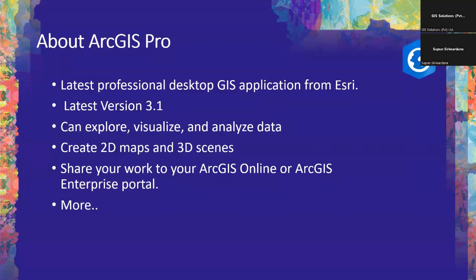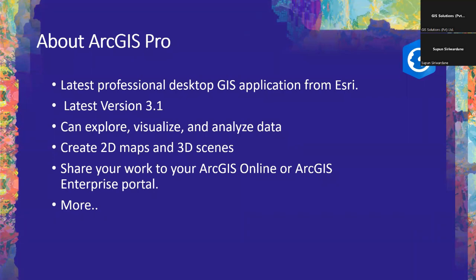So what is this Pro? You may have already experienced it. It is a professional GIS desktop application. I will come to the topic of why it is called a desktop application. Now the latest version is 3.1, and there are different types of versions of this Pro software.